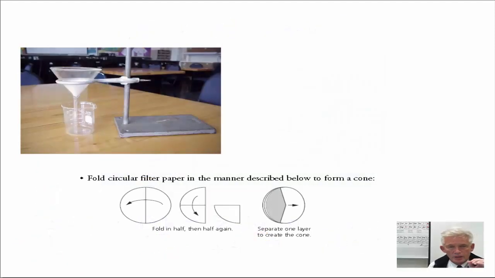So you take your solution of copper 2 chloride with now the bits of aluminum floating around in it, and copper metal is going to form on that aluminum, and pour it into the funnel. The funnel itself you should be able to find in the lab, and it's just a matter of putting a piece of filter paper in it. If you don't remember how to fold the filter paper, there you go, and you filter the solution.